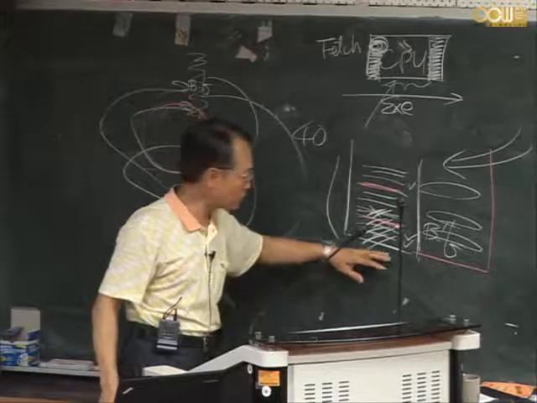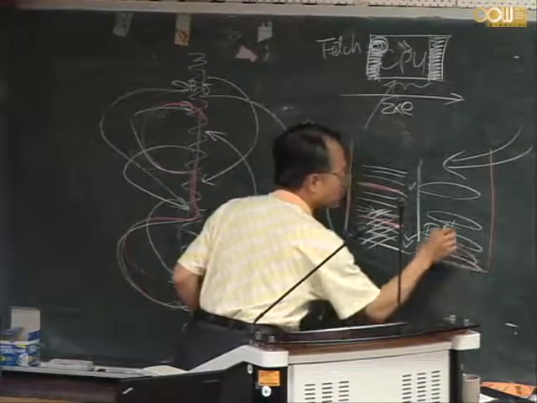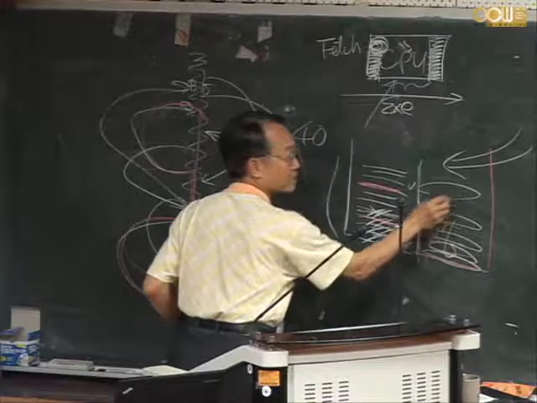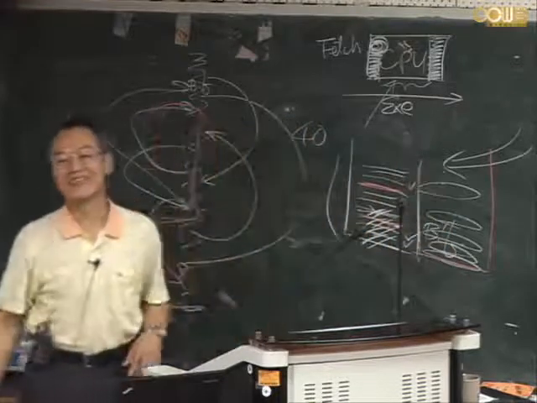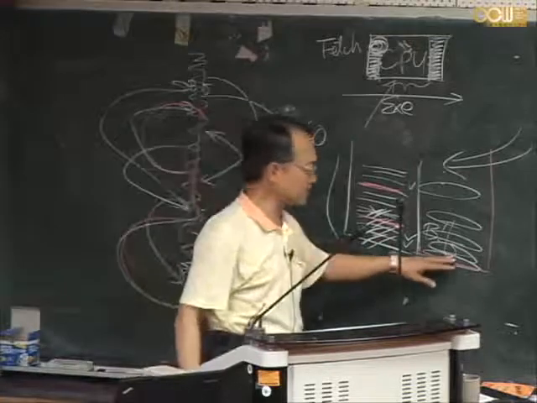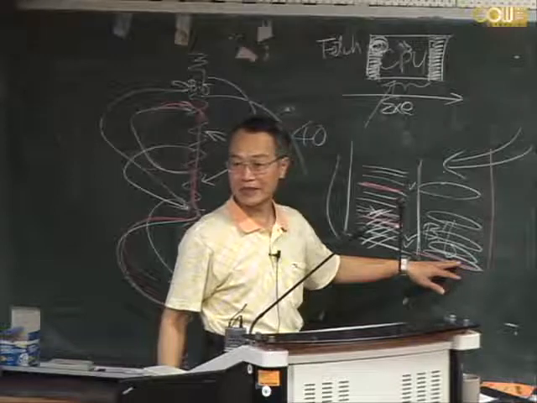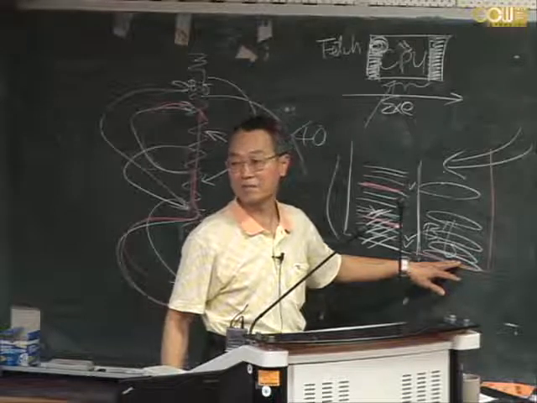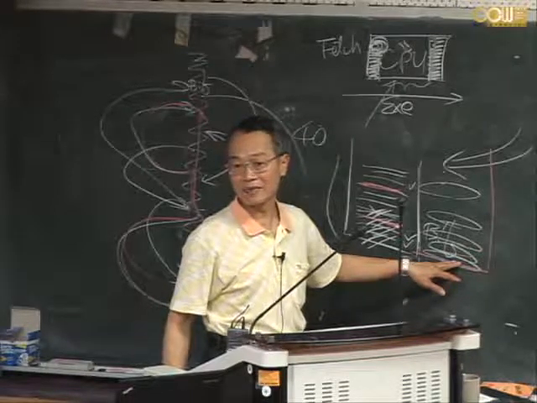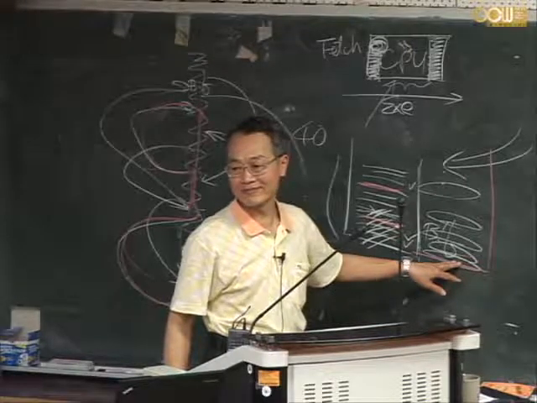So how do you commit? The commit of the instructions will have to be in order. Whenever you are ready to commit, you write to the memory or to the register, and then you can disappear from the table.